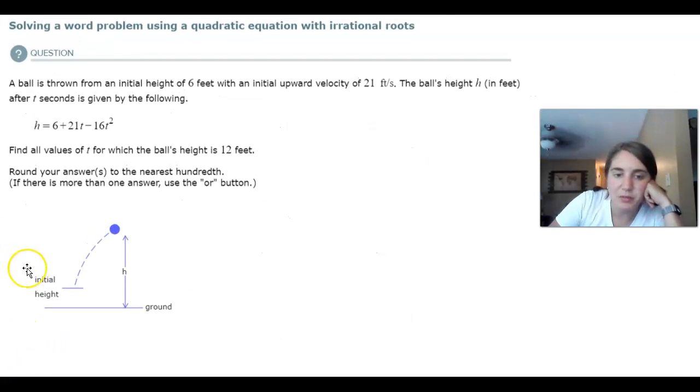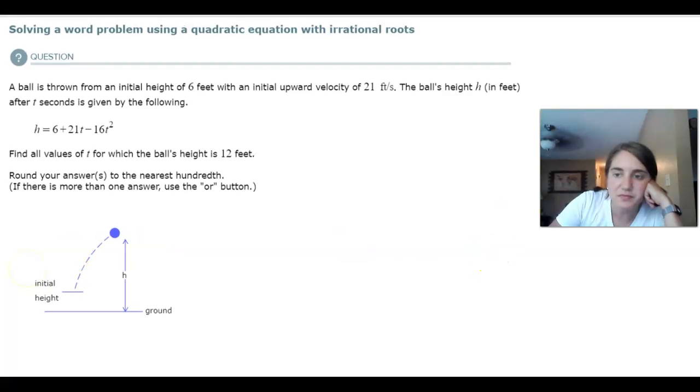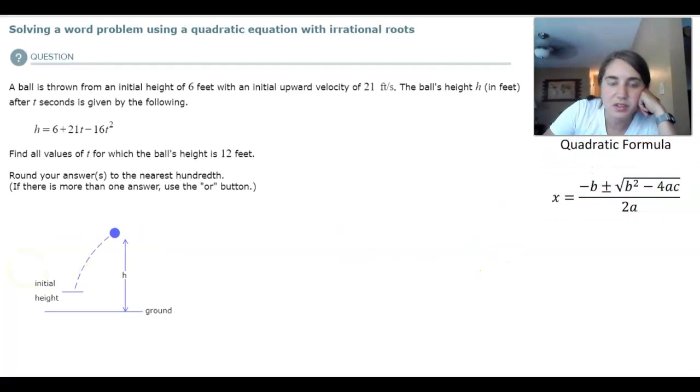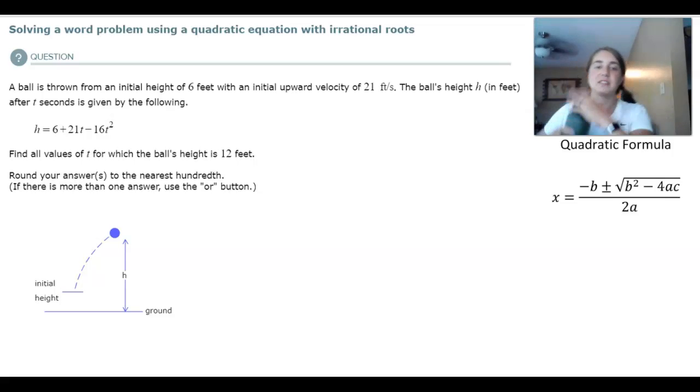This is a real world application one. It says a ball is thrown at an initial height of 6 feet, upward velocity of 12 feet. The ball's height is given by the following equation. Find the values for when the ball's height is 12.